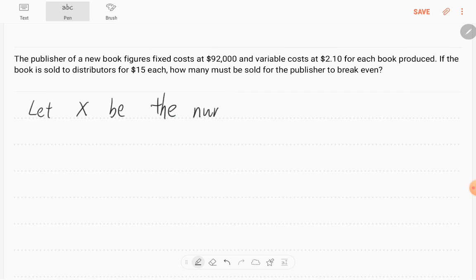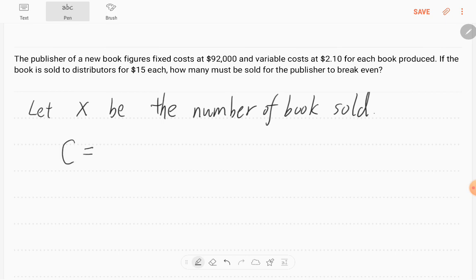The number of books sold. Okay. So the cost, C, we know C is a cost.